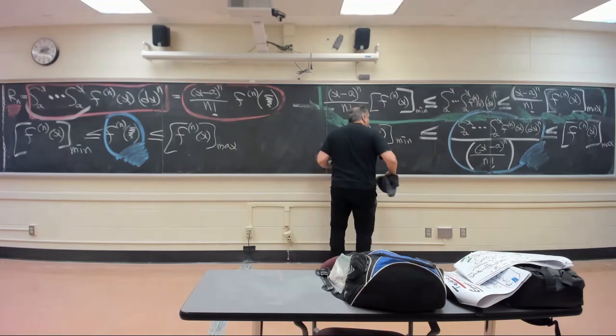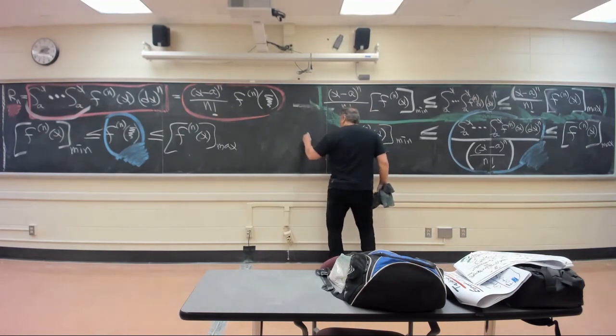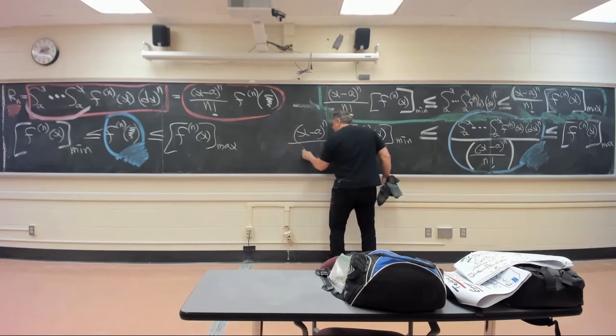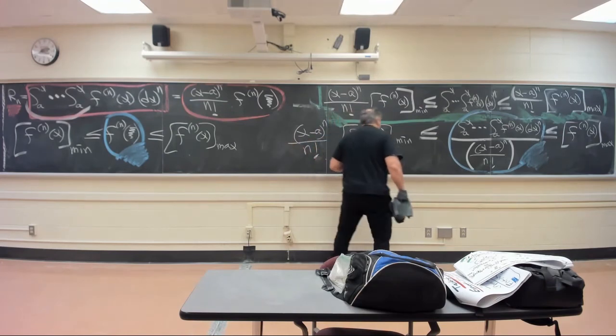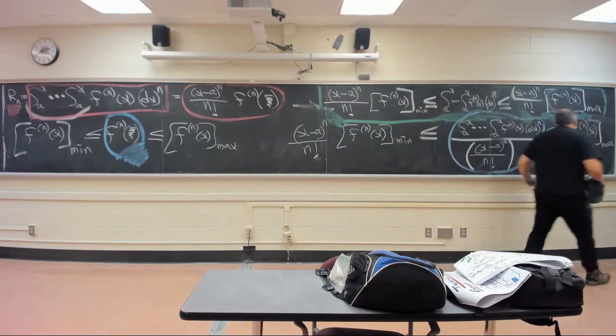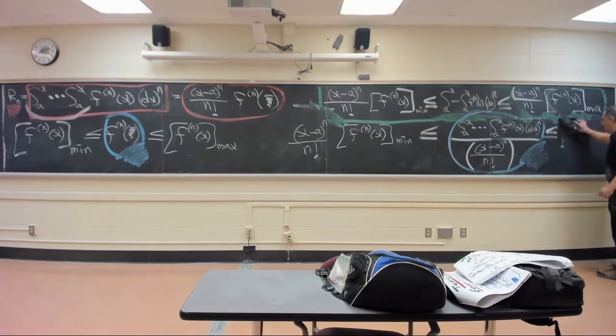So if you're going to multiply again by x minus a to the nth over n factorial, you're going to do the same thing here: x minus a to the n power over n factorial times this, and that's the max that we talked about.